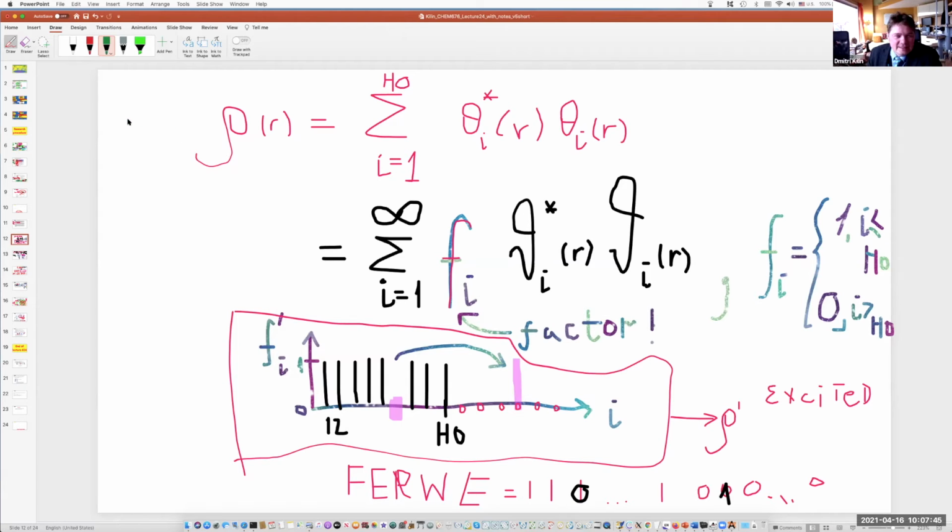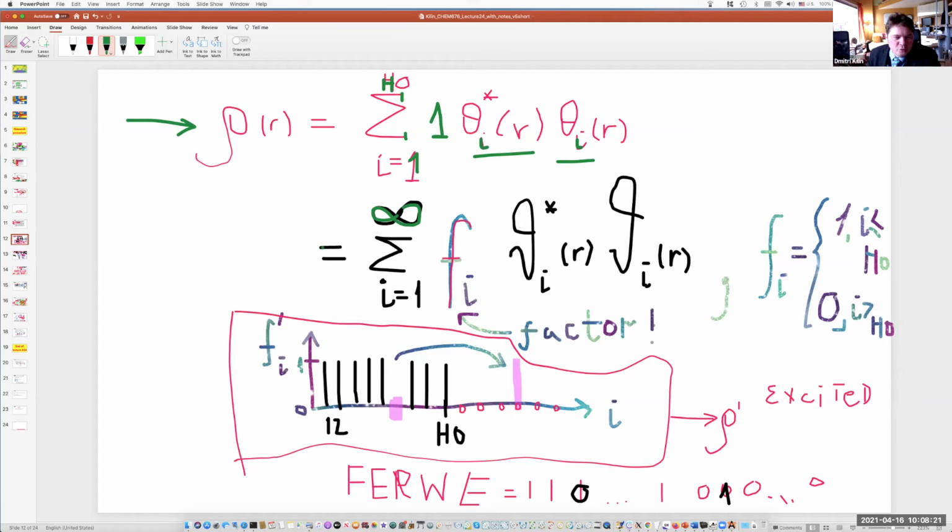So, density is composed of orbitals, and typically we take summation over all occupied orbitals from 1 to HOMO, right? Everyone agrees. Now, we can modify this equation. In this equation, we put number 1 in front of each pair, in front of orbitals: orbital I, orbital I. Now, we can replace this HOMO with infinity.